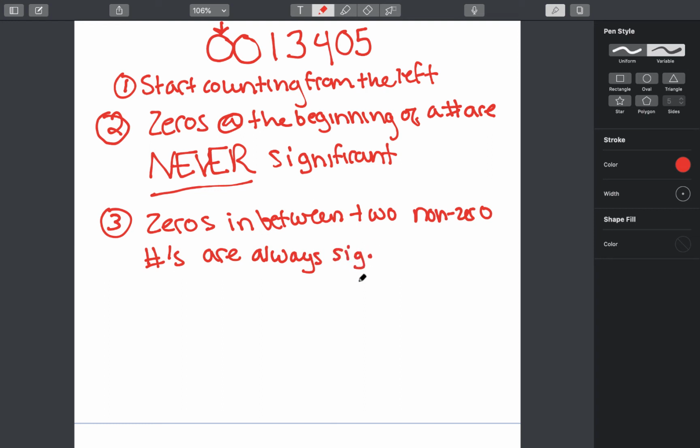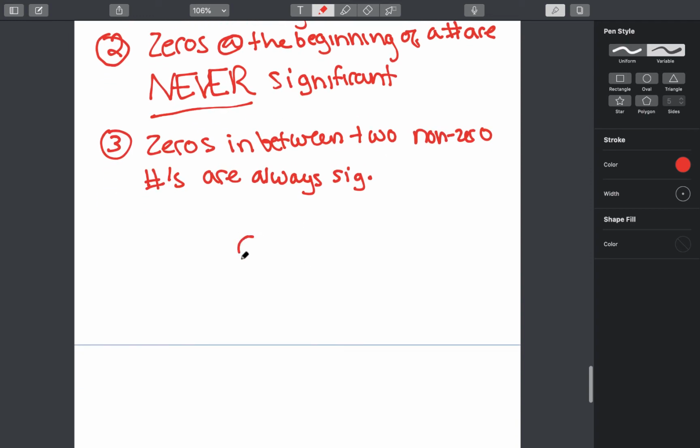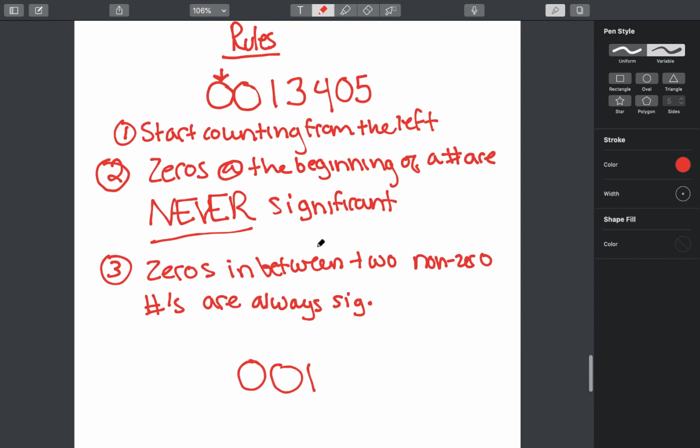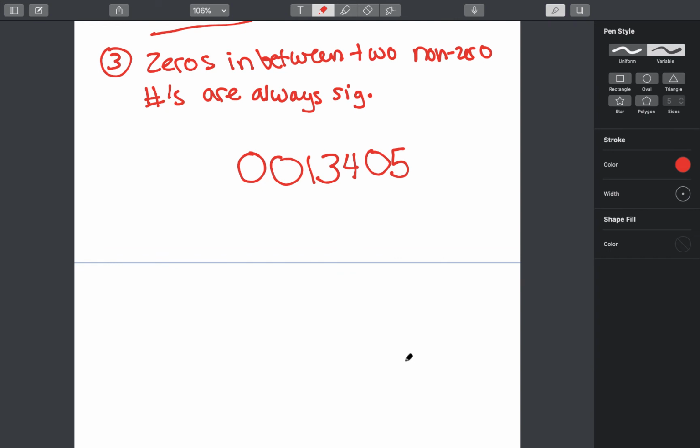I'm just going to abbreviate significant like that. So let's see why. Let's look at our little example here. So 1, 3, 4, 0, 5. Okay. So we know that these two zeros are not significant.